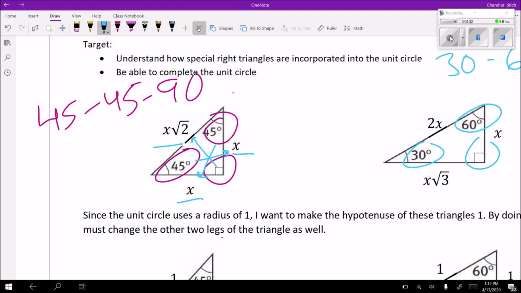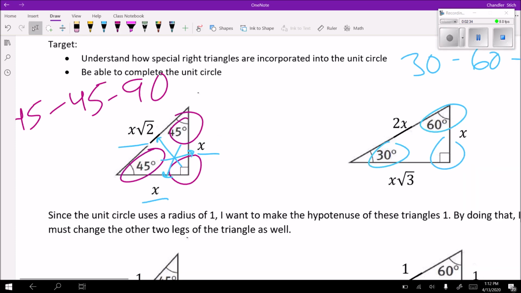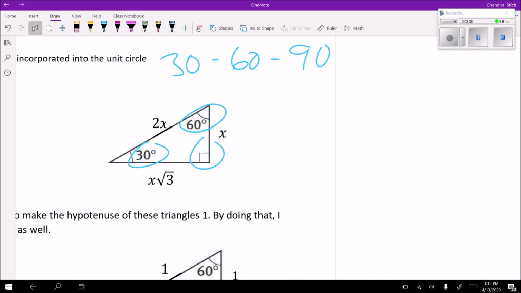For the 30, 60, 90, across from the 30 we call that x, so that's our base. Across from the 60, we have x root 3, or x times the square root of 3. And across from the 90, we have 2 times x.